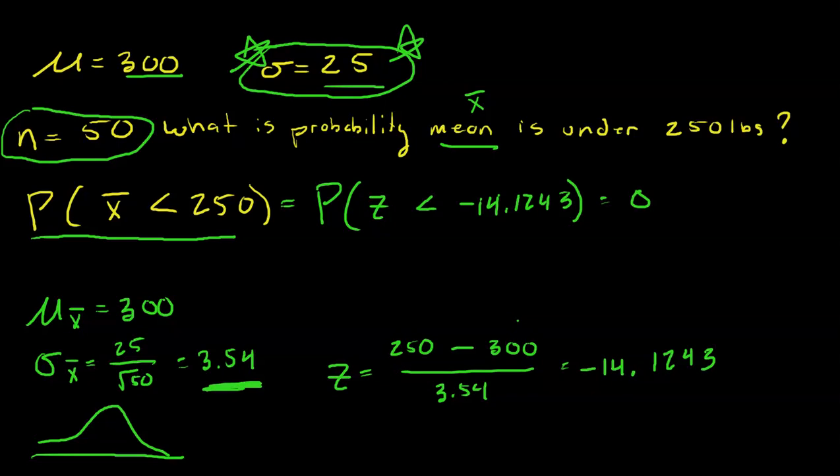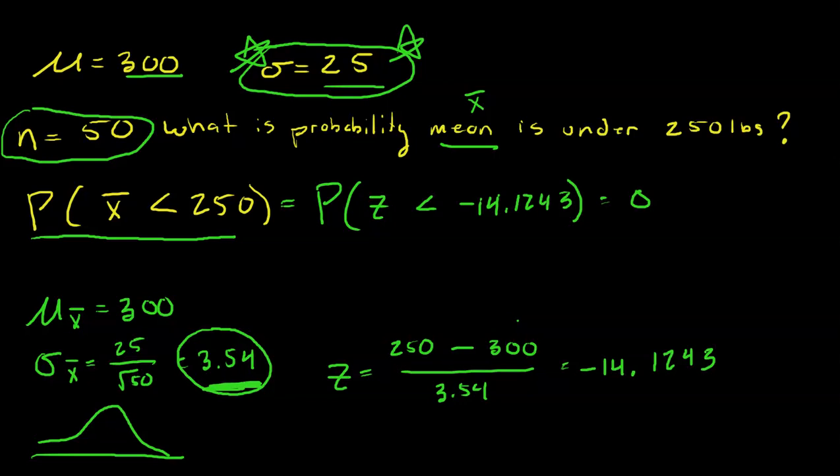When you're working with one dolphin, yeah, one dolphin could be on the lighter side, malnourished, whatever. But a sample of 50 dolphins is not going to ever be that low. The variance is what changes. The standard deviation is what's lower. Remember, for one dolphin it's 25, but for a sample of 50, it's now 3.54. So that standard deviation really makes a big difference.